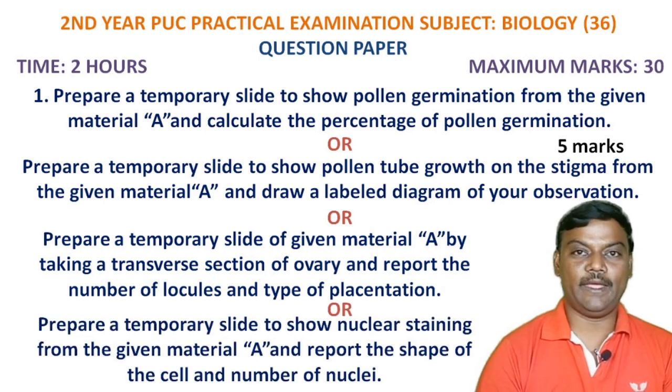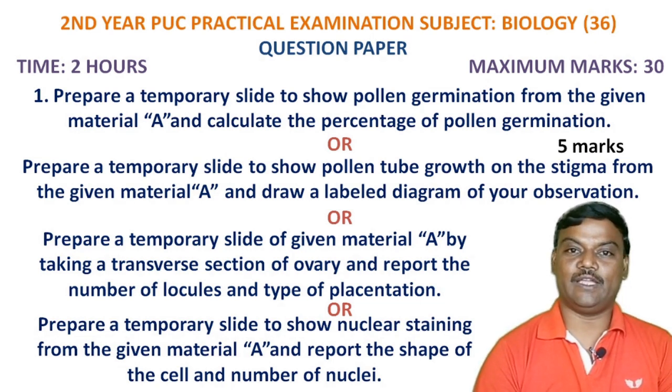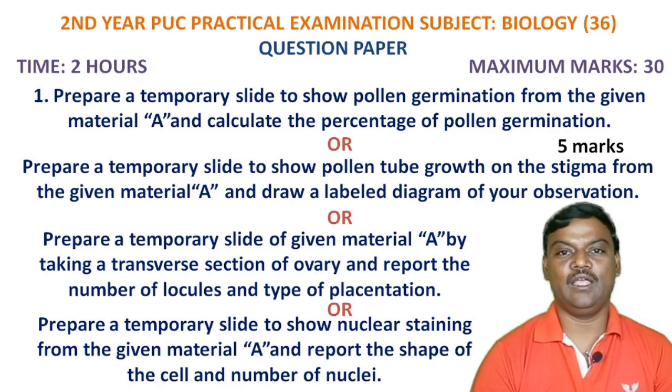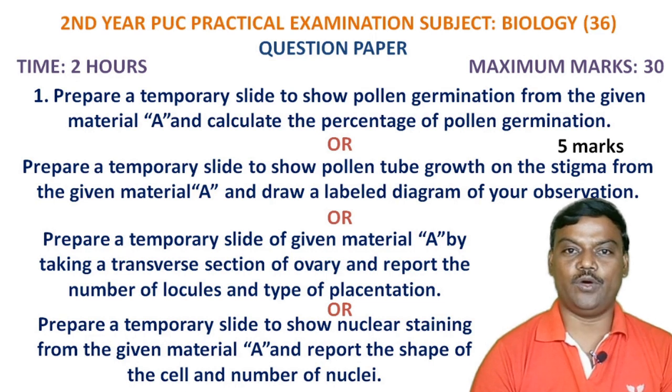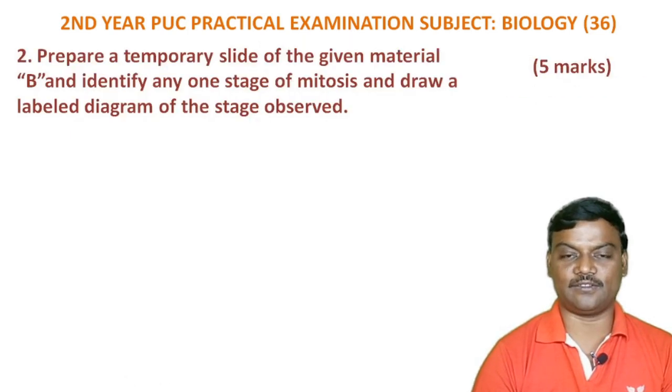Or prepare a temporary slide to show nuclear staining from the given material A and report the shape of the cell and number of nuclei. Out of these 4 questions, students will get any one question with the lottery system. This question carries 5 marks.